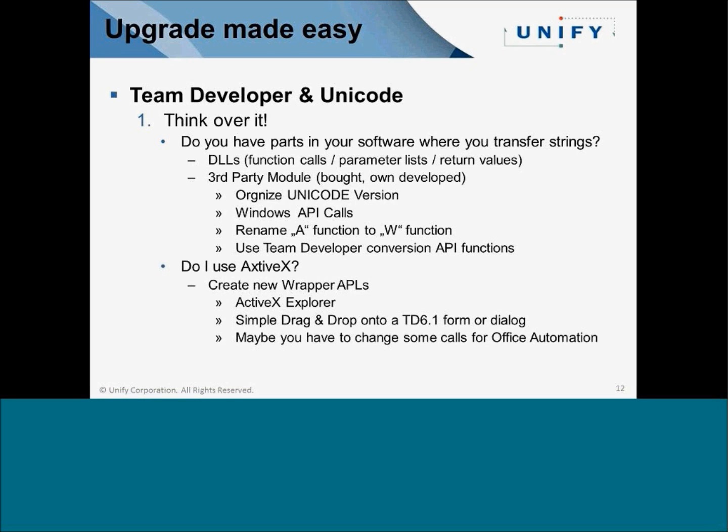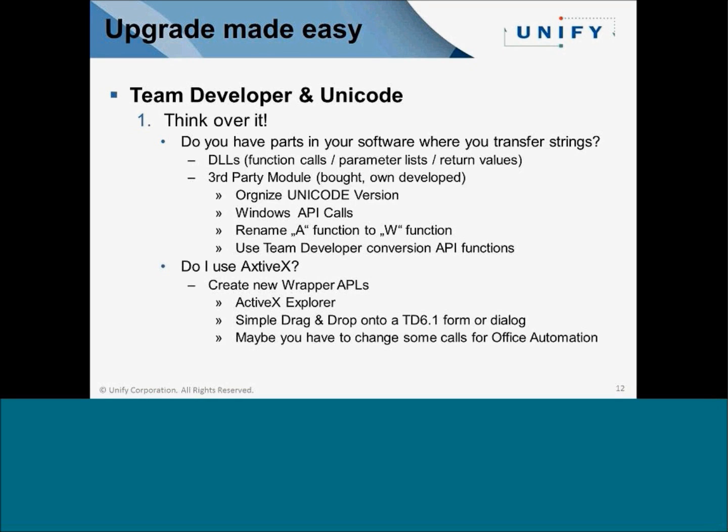With Office automation, it depends on the age of the application itself, of your source code. So if you come from 4.2 or maybe from Team Developer 3, then you don't have to change so many things inside the Office automation area. But maybe sometimes you have very, very old sources and you use the first versions of Office automation, like in Team Developer 2.